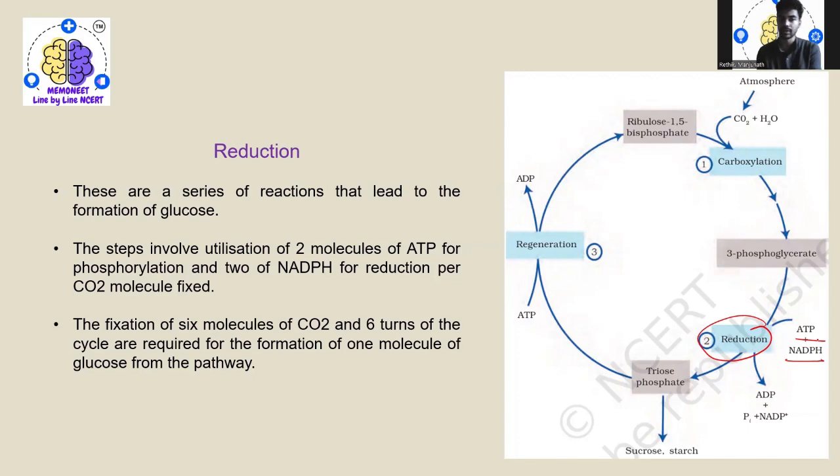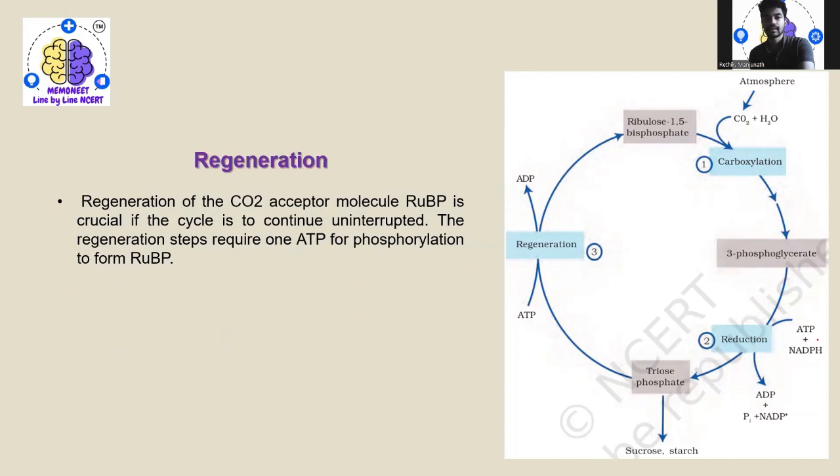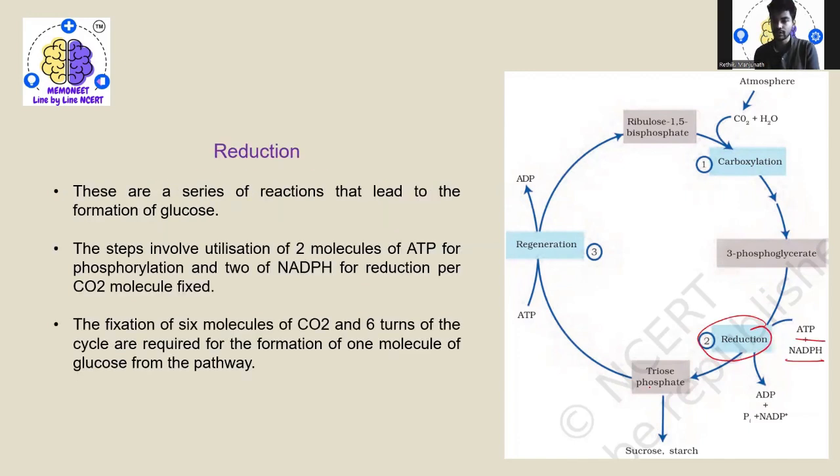As a result, the fixation of six molecules of CO2 and six turns of the cycle are required for the formation of one molecule of glucose from the pathway. As a result, you will see triose phosphate. Okay. And triose phosphate is the one which is going to give rise to sucrose, starch, and glucose.